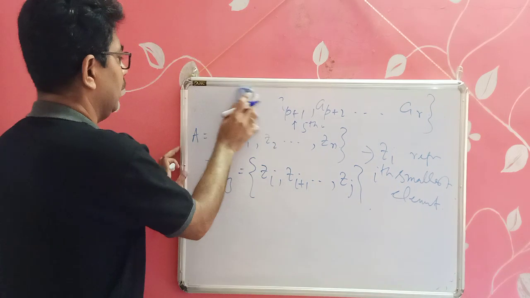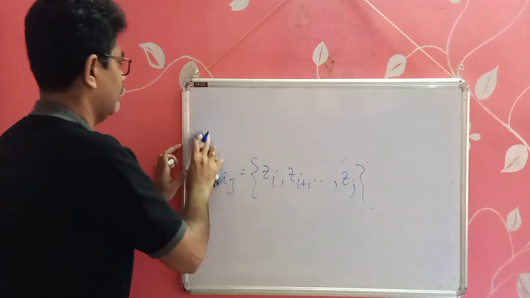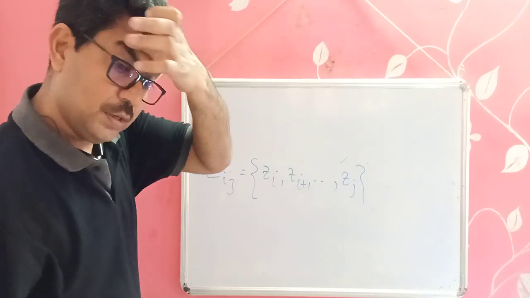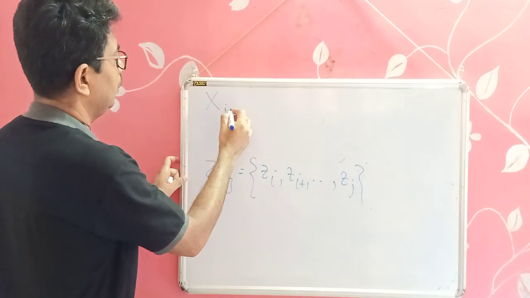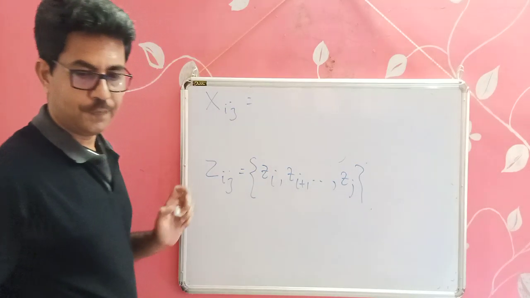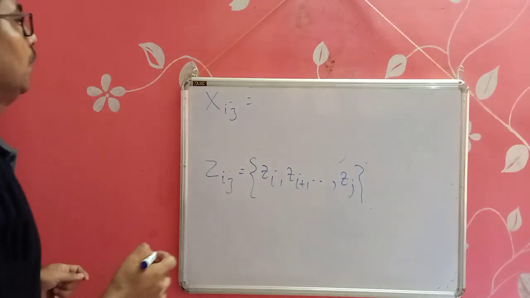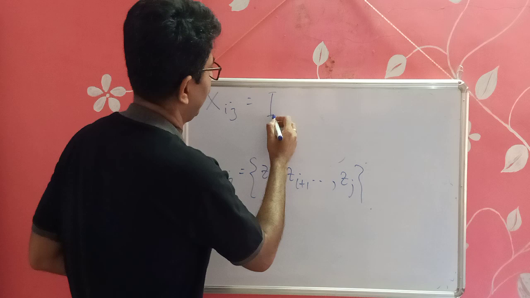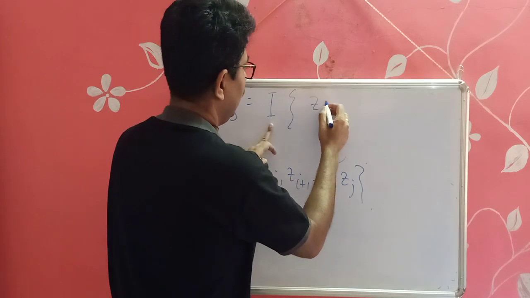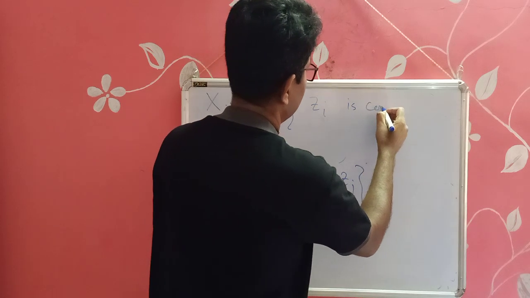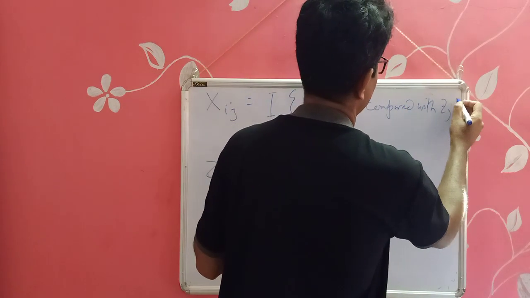Okay. Then let us define a random indicator variable Xij. This I is true if Zi is compared with Zj.